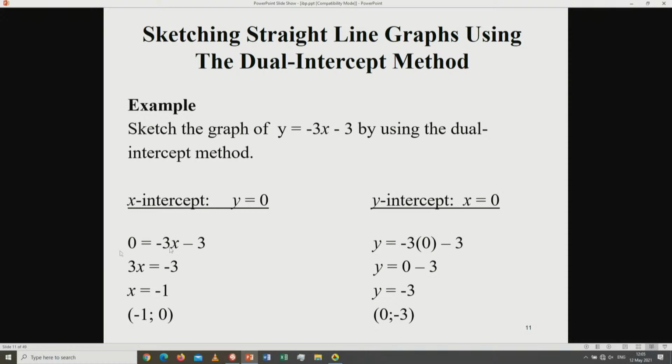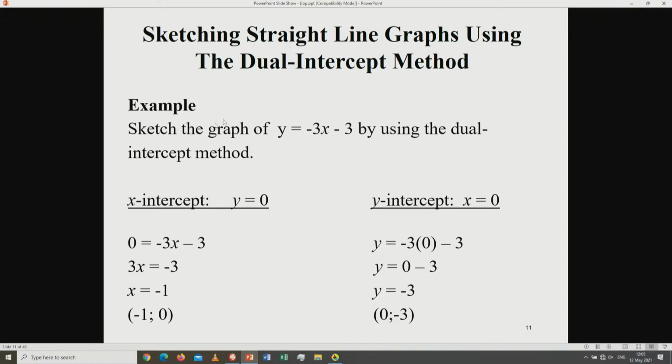Now I've got the linear equation. Very important. And how do I solve the linear equation? I keep the unknown on one side, numbers, the constants, on the other side. So it's a minus 3, I take it to the other side. It becomes positive: 3x equals minus 3. Then I divide by 3, x equals minus 1. It means the graph will touch the x-axis at minus 1 and 0.